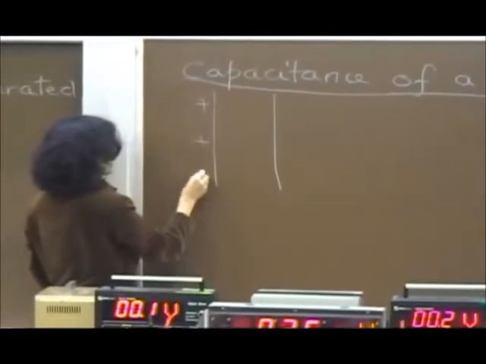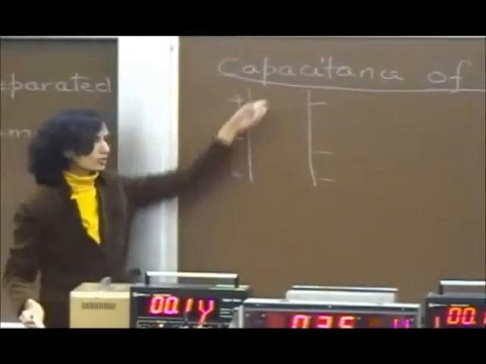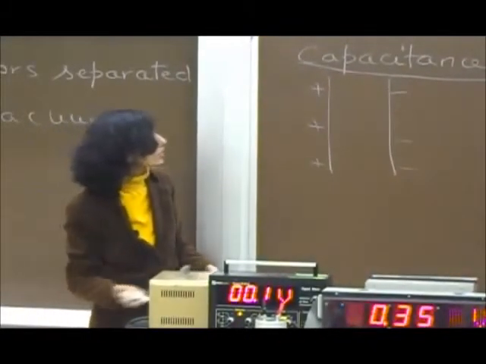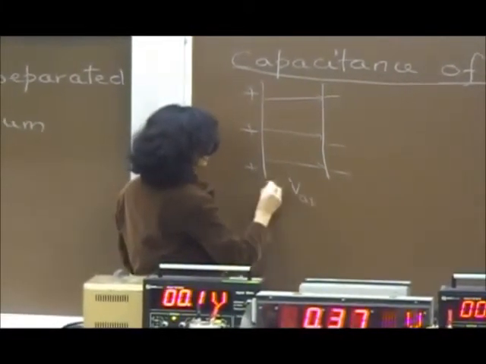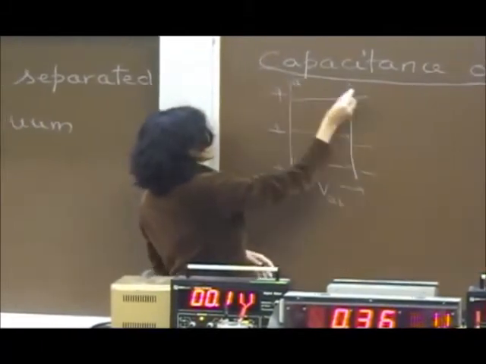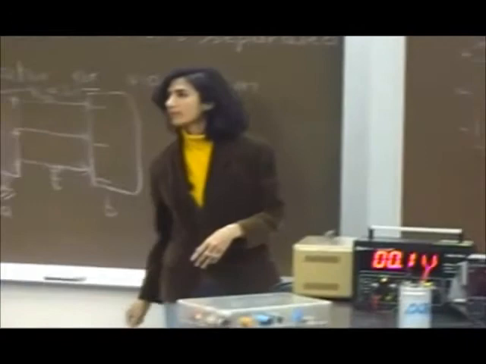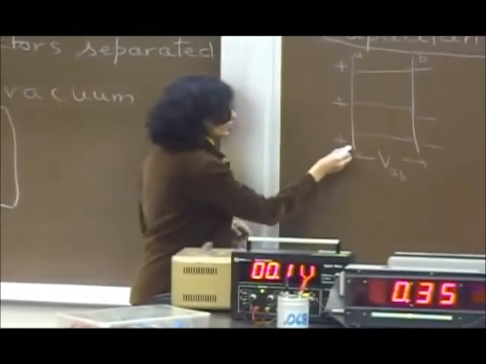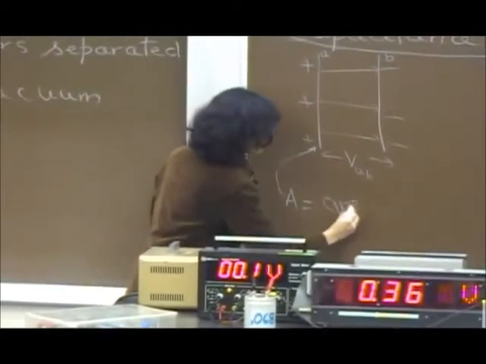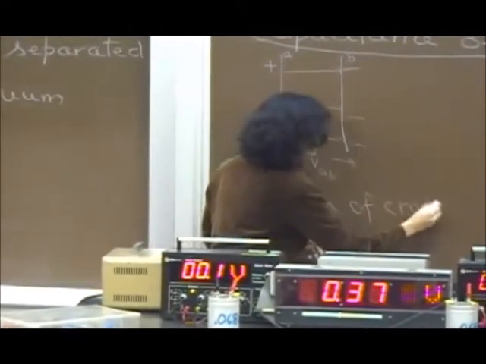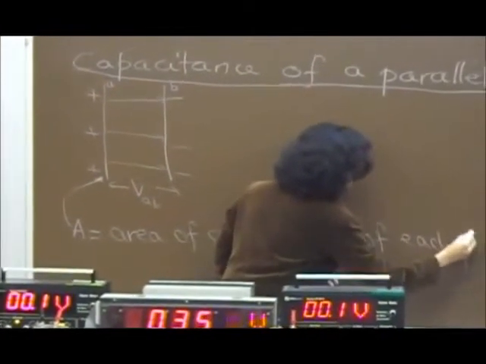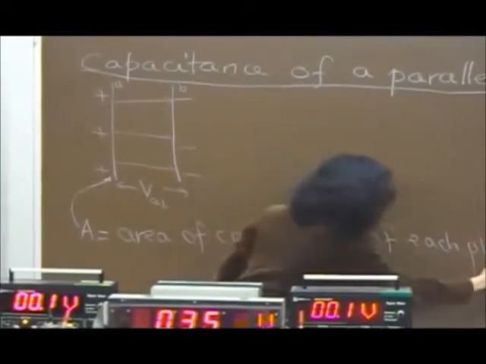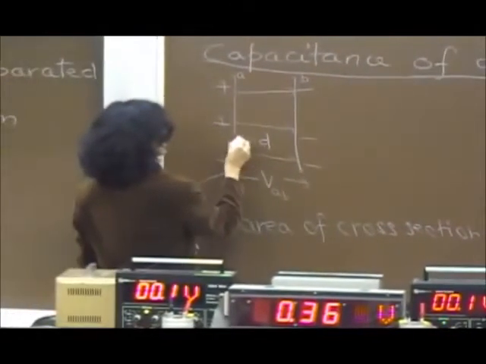Okay, so parallel plate capacitor is this. You have one plate which you can charge with positive charge, the other plate is charged with negative charge, and now there is some electric field, there's some potential difference, VAB, if we decide to call this plate A and this plate B. Let's say that the area of cross section of each plate is A. And let's say that the distance between the two plates is D. So D is this distance between the two plates.